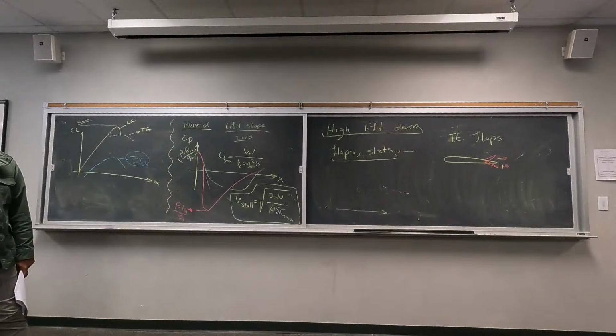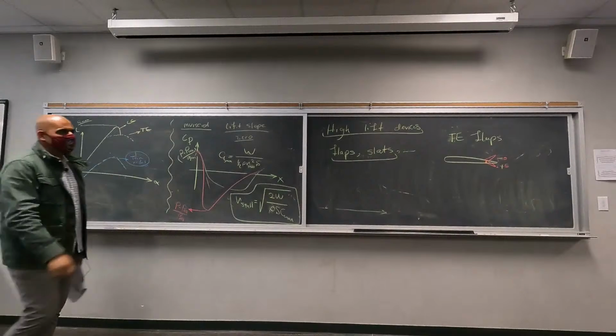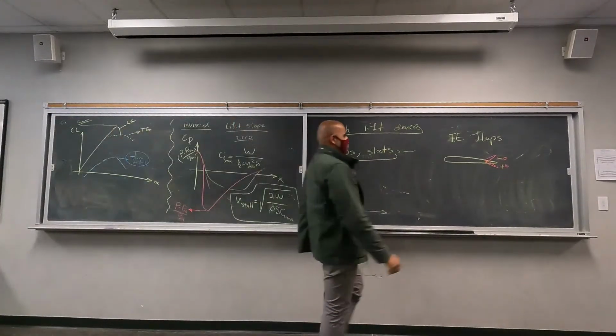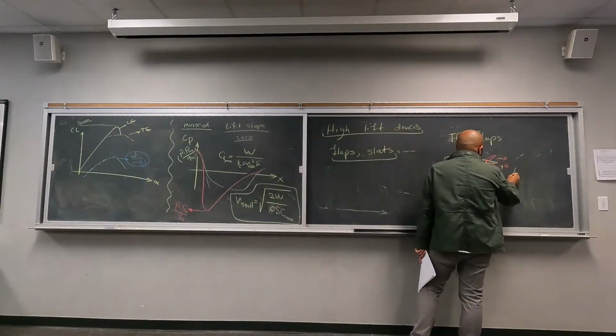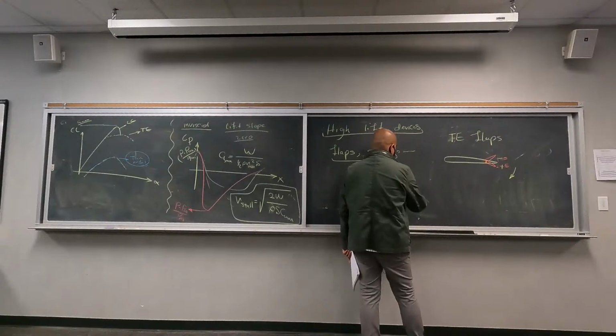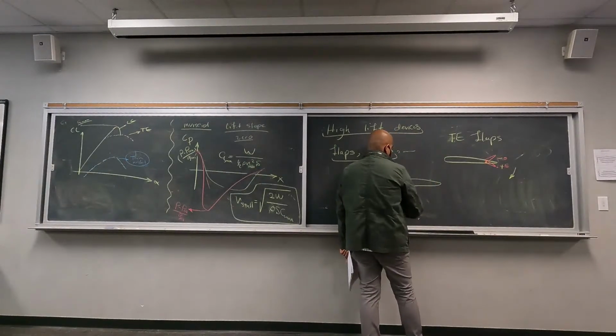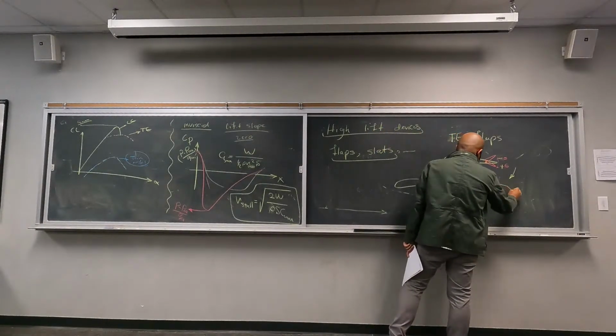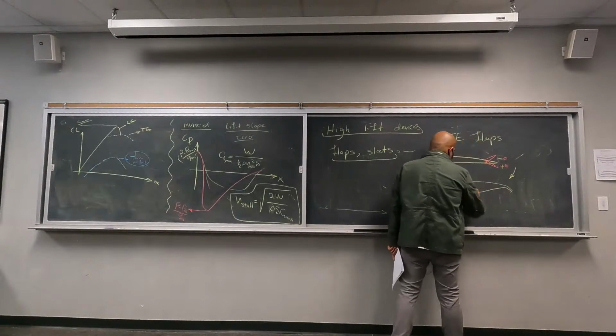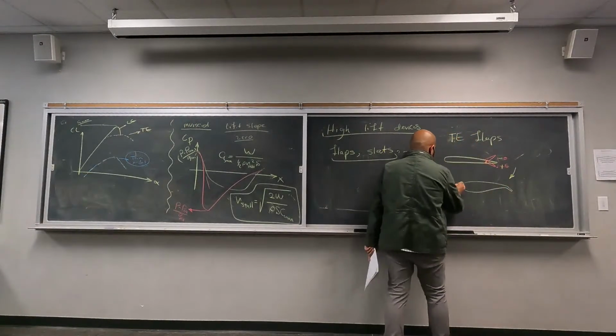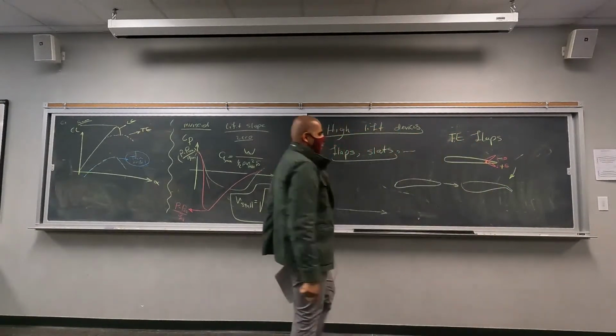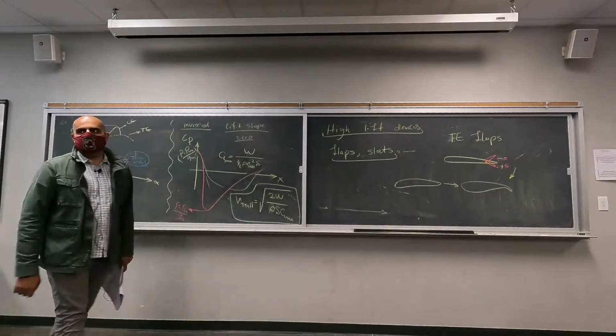What will happen to your CL versus alpha when you change the angle in this direction? Again, your airfoil is like this, then it will look like this, right? With a positive trailing edge flap angle.